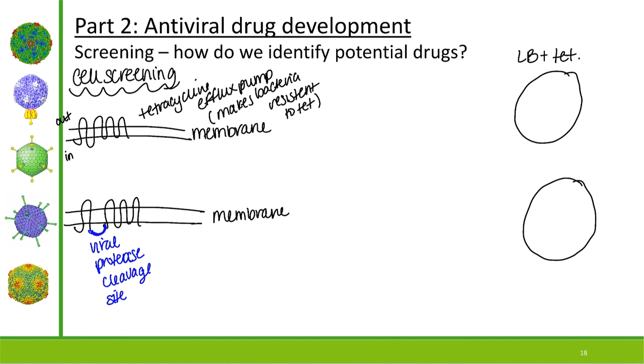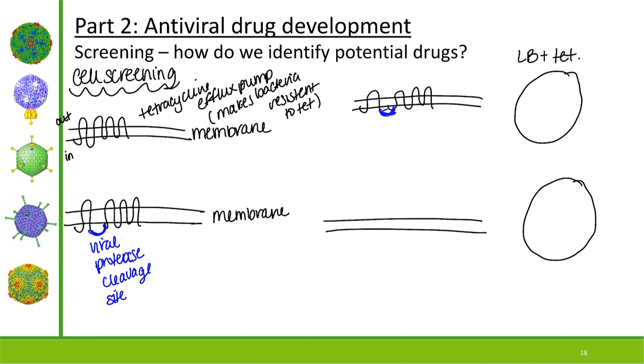We're going to do a scenario where the drug does not work and the viral protease instead works. So here's our cleavage site. And then our second example will be our hit. So we'll do hit and miss.